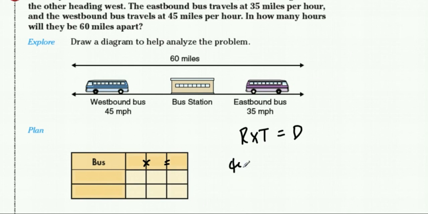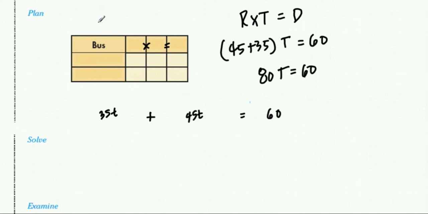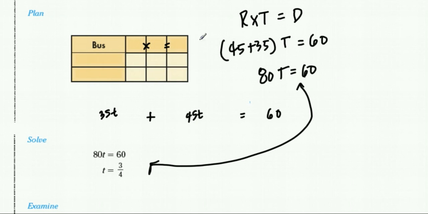So we have 45 plus 35, multiplied by t, equals the distance, which is 60 miles. 45 plus 35 would be 80, so 80t equals 60, very similar to the previous problem, which will give us 3/4. So if you notice, you have a shorter way of doing it, and you have an organizational chart to do it in. And that's it.